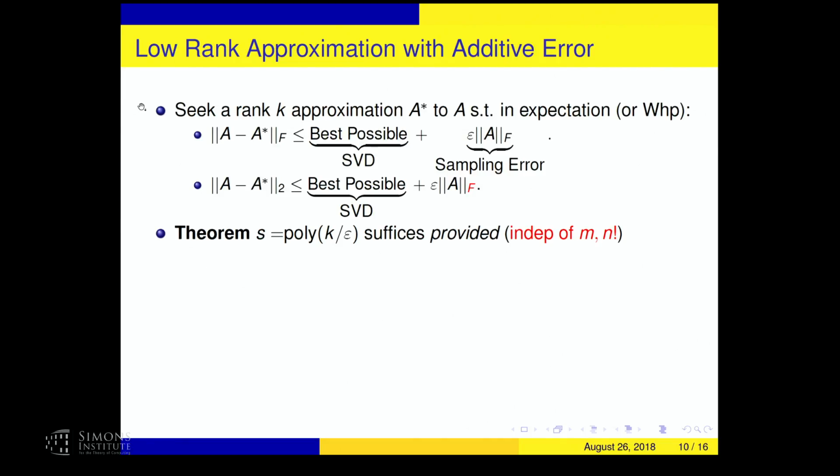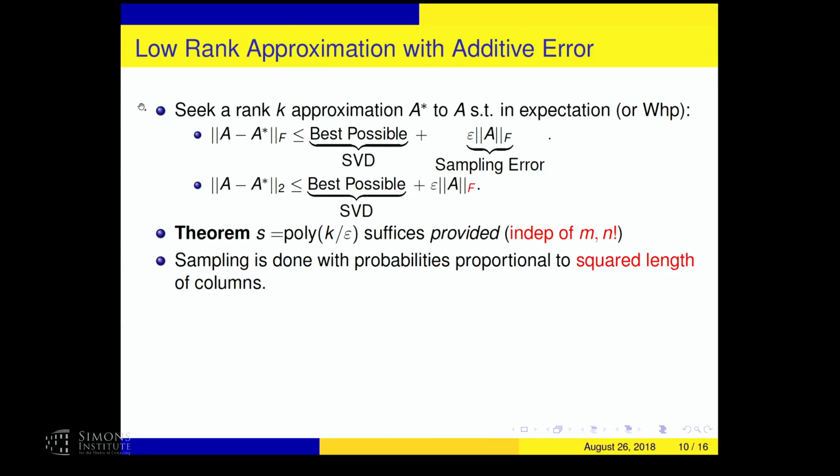And the main theorem, this early theorem, is that the number of samples you need to prove this is independent of m and n. And indeed, you can use this on infinite matrices as well, provided certain things are convergent, so certain things don't blow up. So if you take a polynomial in k, the rank needed, and epsilon, the error needed, that suffices, provided it doesn't suffice if you sample uniformly.